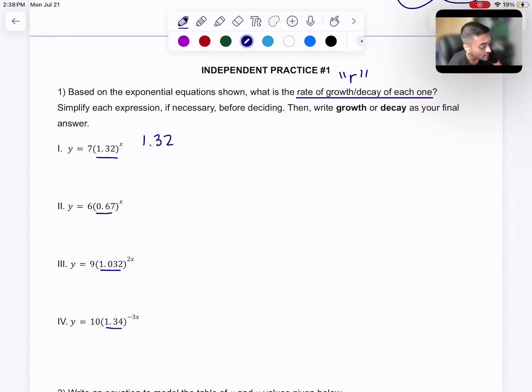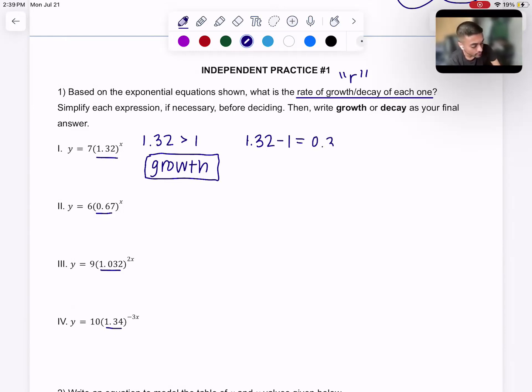1.32 is greater than 1, so we know that it was growth. The original amount grew from 100% to whatever 1.32 is as a percent. How much did it grow by? Well, if we take away the original 100%, the 1, we're going to be left with 0.32. We multiply that by 100, we see that it's a 32% increase.